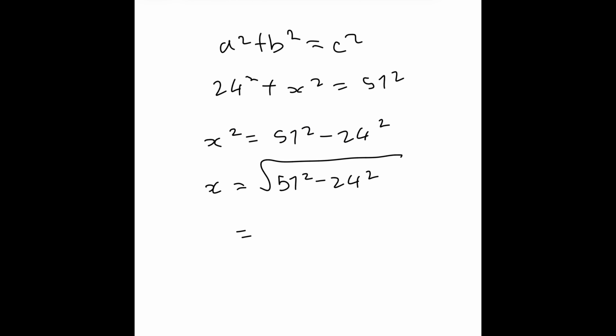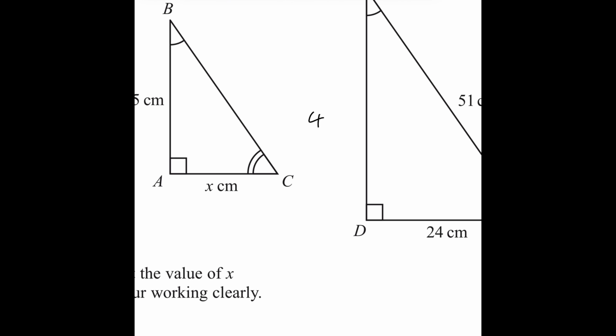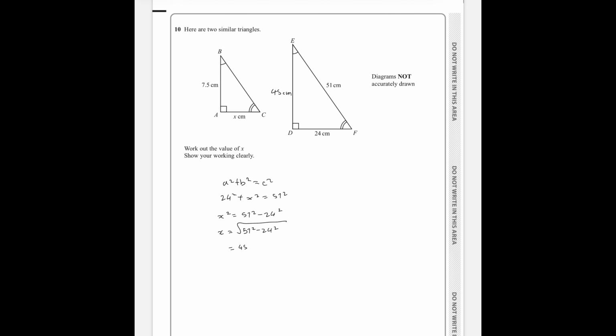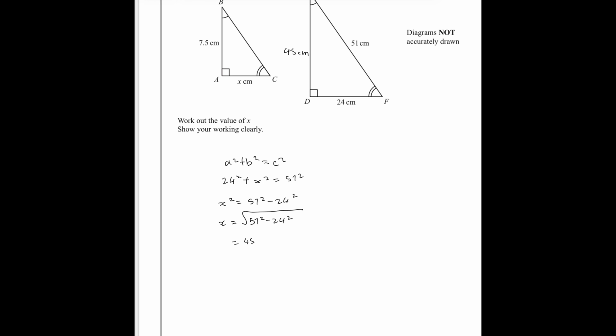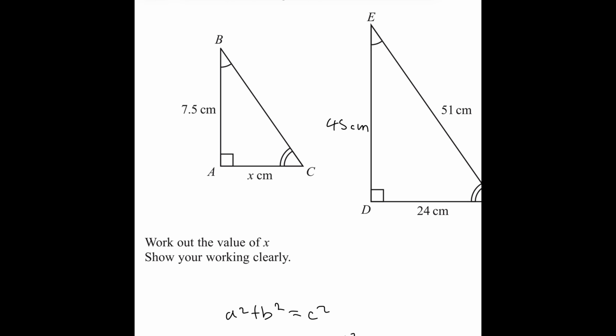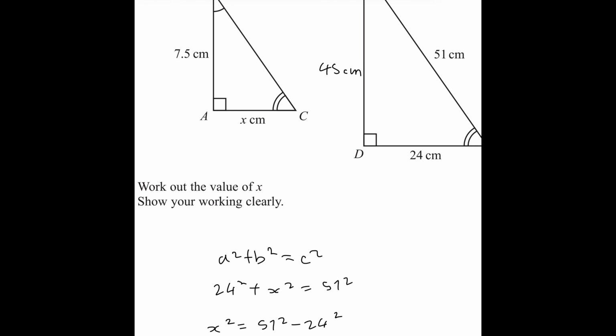You're going to get 45. So this side we know is 45 centimeters. If we know that, let's look at the ratio between the two sides of both triangles, because then we can use the same ratio to find x.